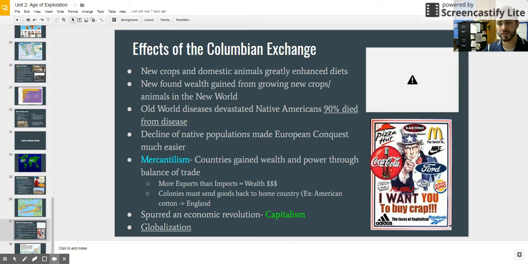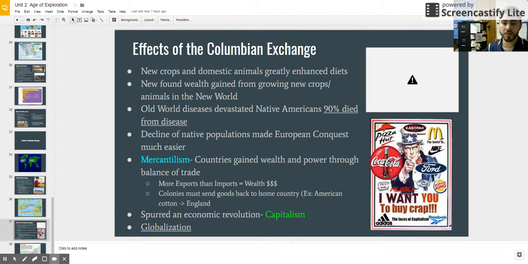And so their goal is to sell all of their products, all of that cotton, all of that sugar cane, all of that stuff. It's going to get sold and therefore make them a lot of money. They wanted to make sure they sold more than they bought. That means that you're becoming very wealthy. And that was the idea of mercantilism, to have a favorable balance of trade where you sell or export more than you buy or import.